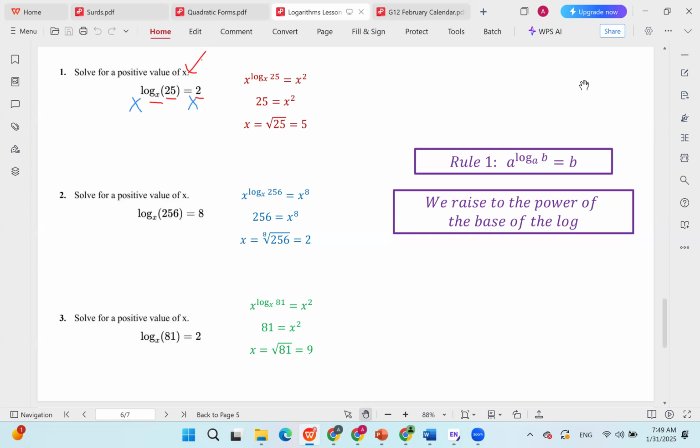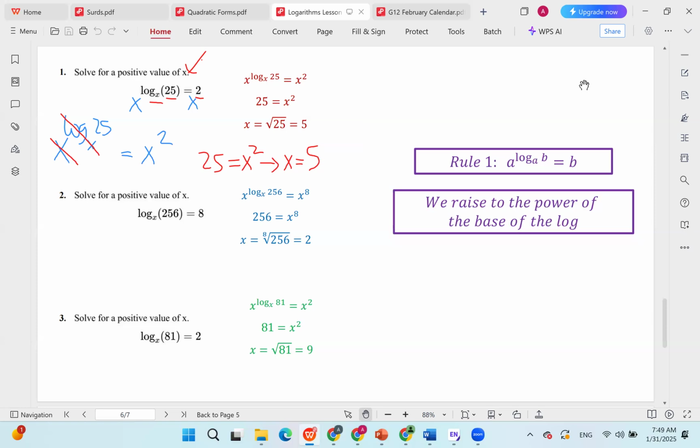So in other words, we will have x to the power of log base x of 25 equals x to the power of 2. These will cancel out, and we end up with 25 equals x to the power of 2. Therefore, x equals 5.